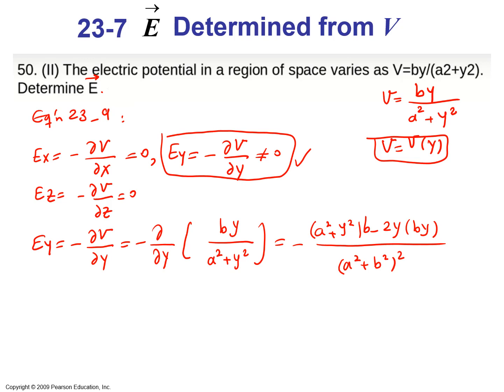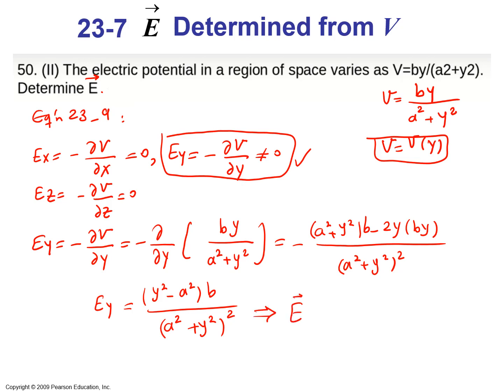And that simplifies to Ey equals (y squared minus a squared) multiplied by b divided by (a squared plus, I made a mistake here, this should be y squared) raised to the power 2.